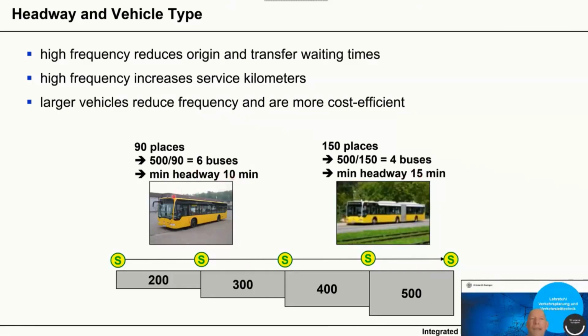The latter probably is more expensive than this solution, because the highest costs come from the driver, not from the vehicle, especially if we're talking about buses. So you have the discussion about which vehicle size is most appropriate, if this one is cheaper and demand is high enough. Large vehicles reduce frequency and are more cost efficient.